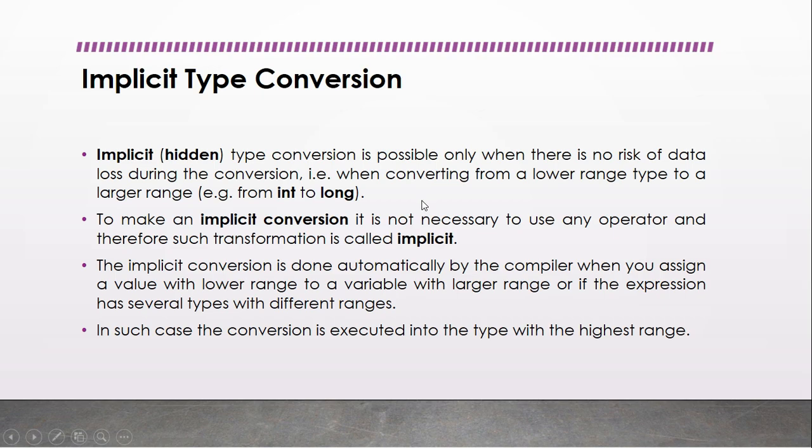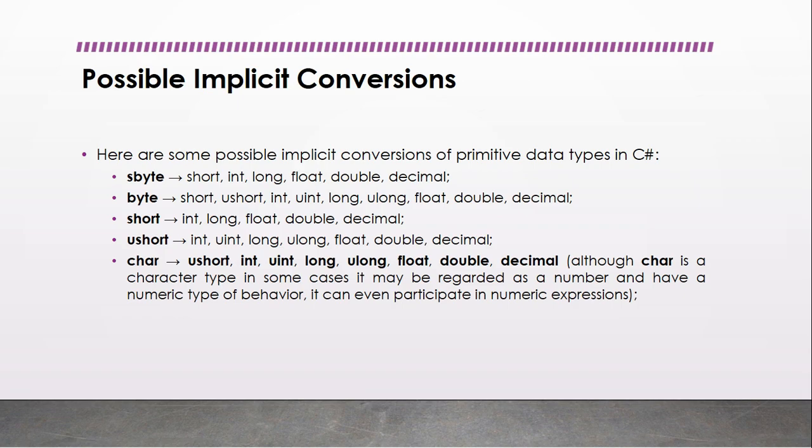The reason is the wider range types have a greater range than the low range types, or we can say low range types are subsets of wider range types. The possible implicit conversions are from small to larger range types, like sbyte to short, to int, to long, to float, to double or decimal.